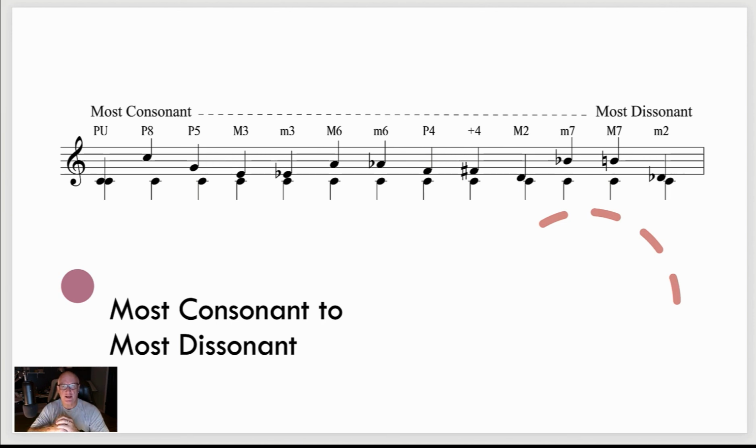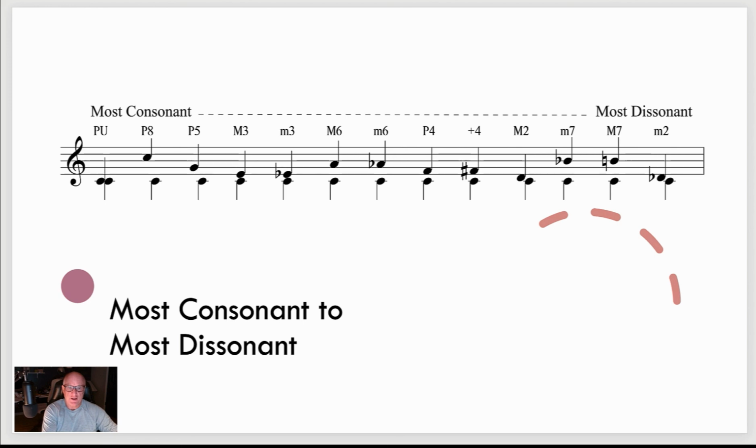I'll demonstrate that in class. And then we have an augmented fourth, sometimes known as a tritone. We have the major second, which is getting really dissonant now, minor seventh, which is pretty dissonant, the major seventh, which is very dissonant, and then the most dissonant chromatic interval in our vocabulary and in our palette is the minor second.